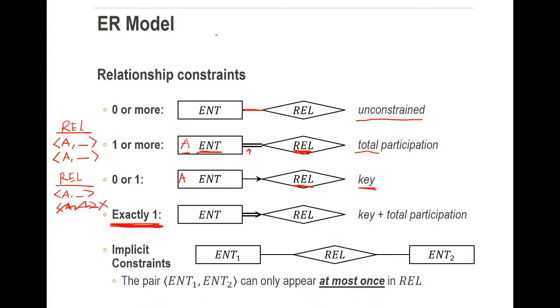Think about it: if I have an entity A that must be in a relationship with entity B, this is a very strong constraint. Every entity in the entity set A must be associated with an entity in the entity set B.